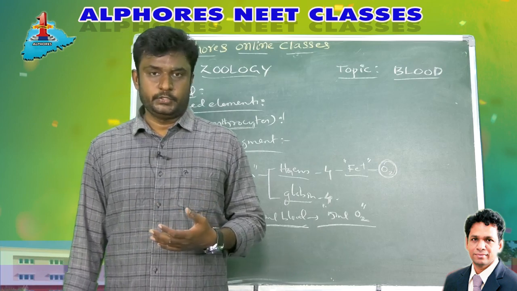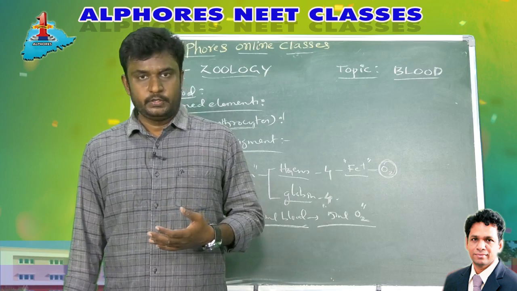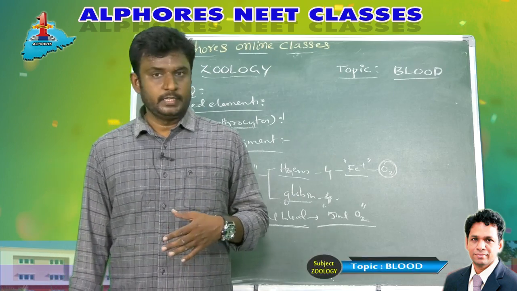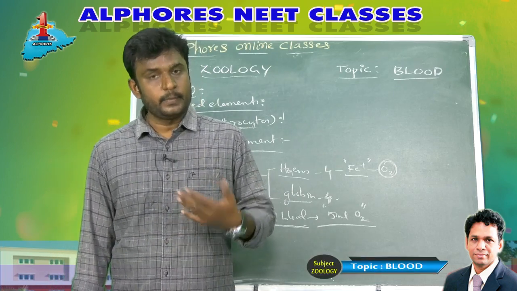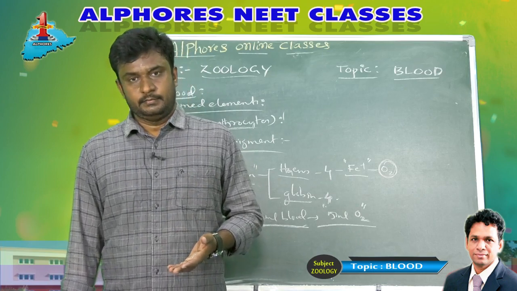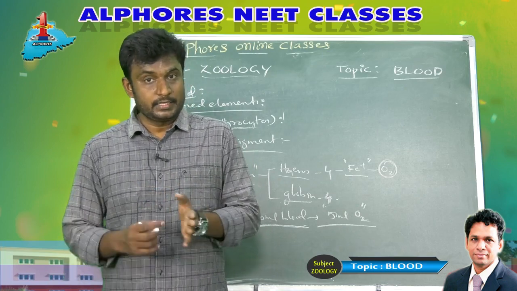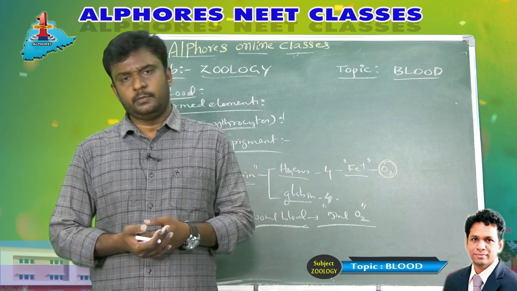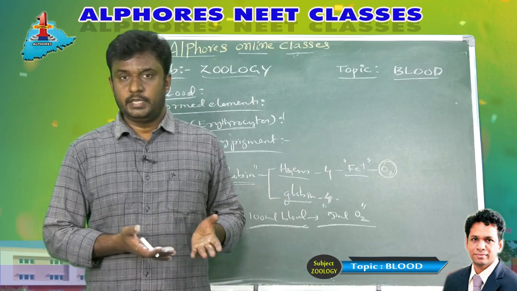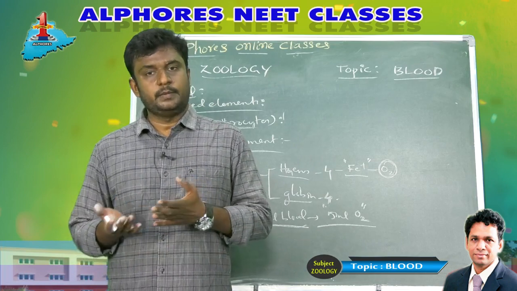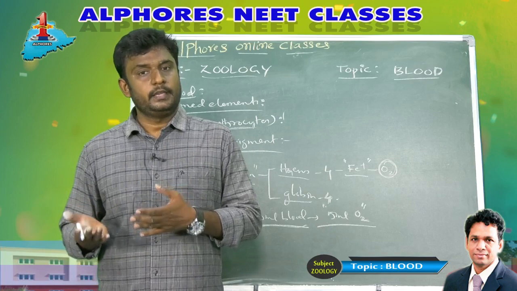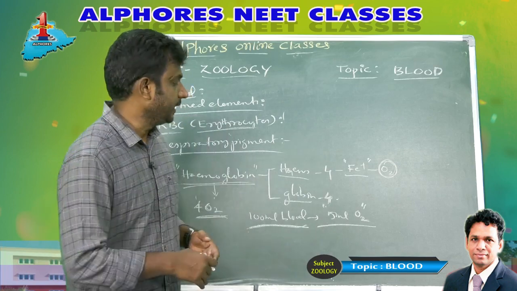Then at tissues, hemoglobin releases the oxygen and combines with the carbon dioxide, so it becomes carboxyhemoglobin. Oxyhemoglobin is when the hemoglobin combines with oxygen; carboxyhemoglobin is when the hemoglobin combines with carbon dioxide.